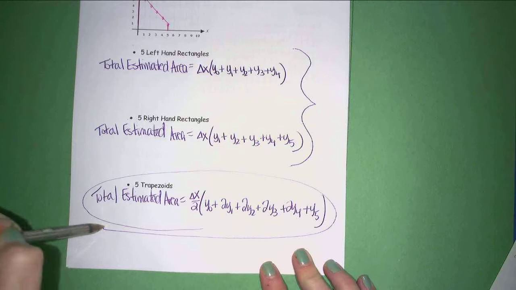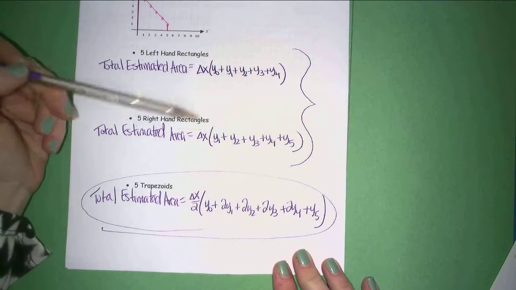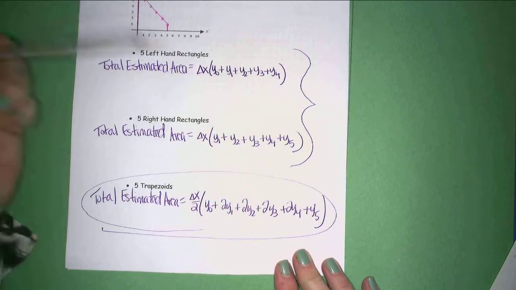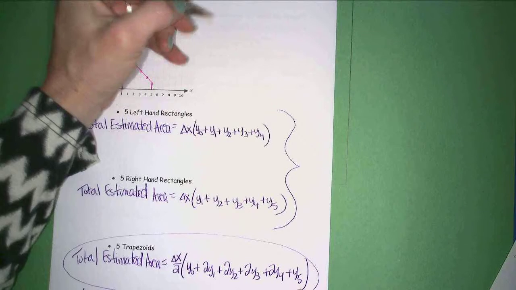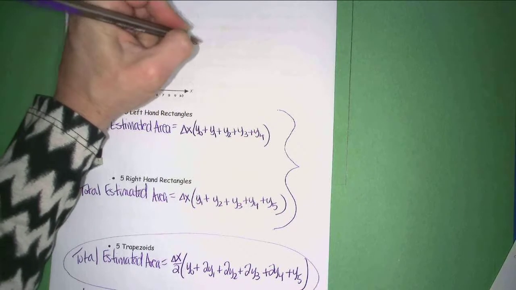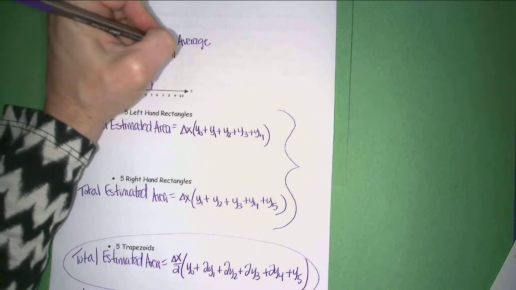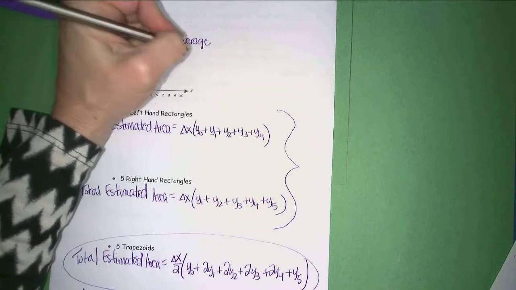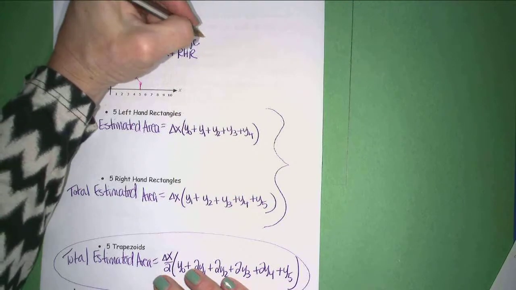Let me show you how this works. So to average something, you add whatever you're averaging together. So step 1, I'm actually going to bring it up here so I have space. So if I average left-hand rectangles and right-hand rectangles, then this is what it's going to look like.